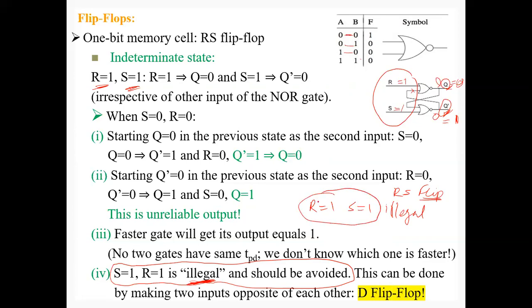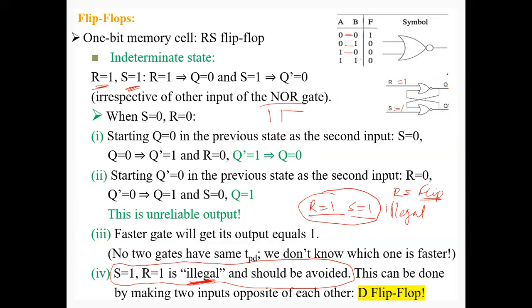But we never know when R is going to change to 1 or S is going to change to 1. It might happen anytime. So how do you figure out how to exclude that? That's the problem. We're a little excited because we can hold the thing, meaning even though they are 0, 0, our output is there. Either 0 or 1.